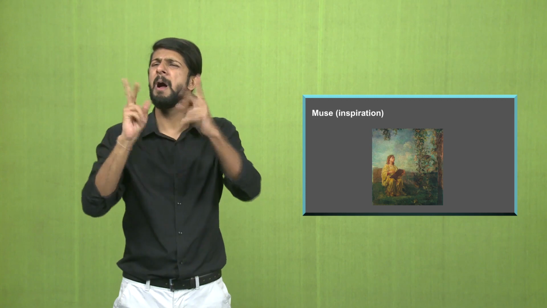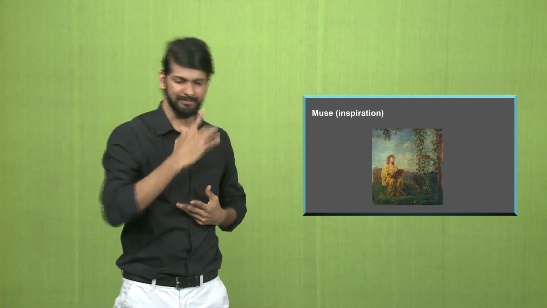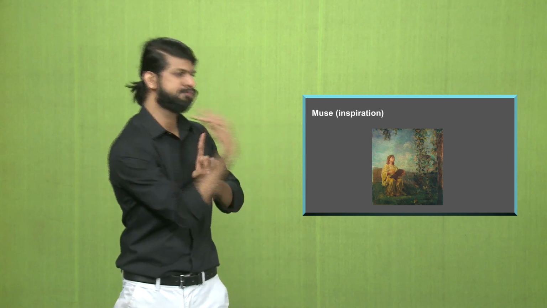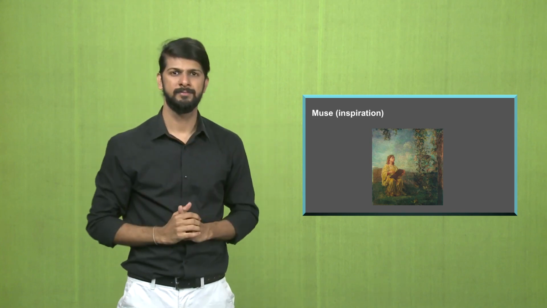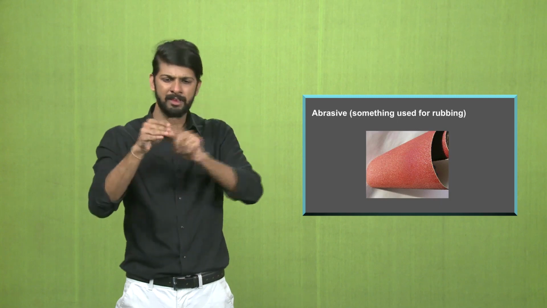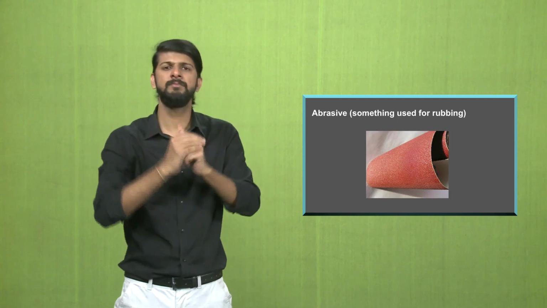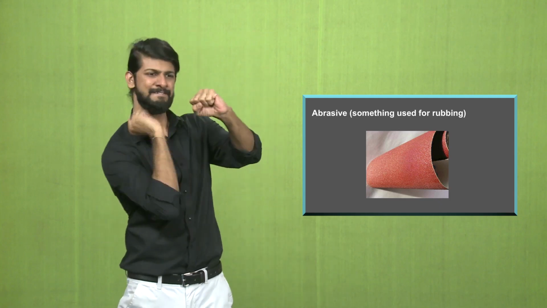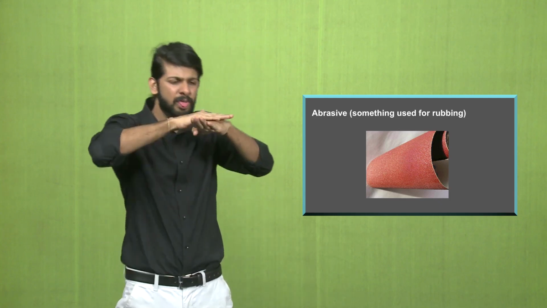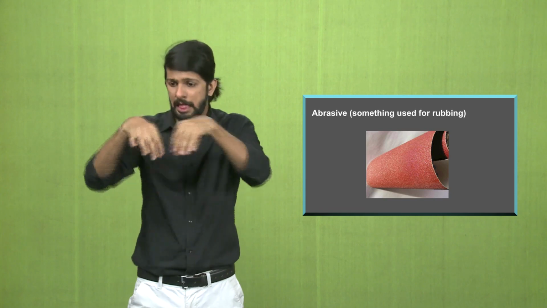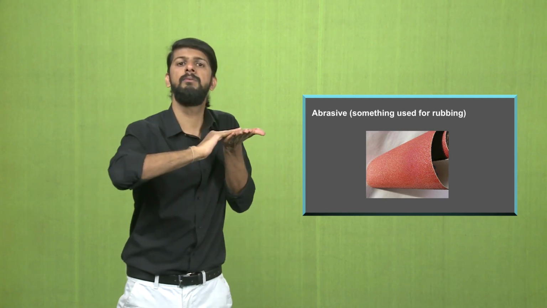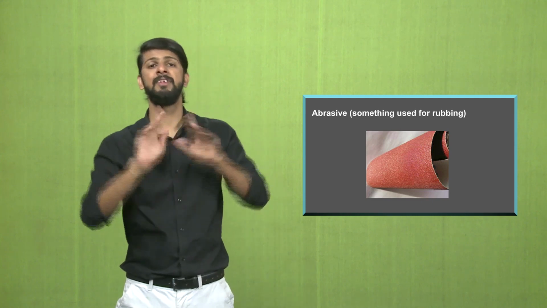The artist takes inspiration from the mood and the temperament of the muse. Abrasive is something which is used for rubbing. It is a rough kind of surface. So, for example, sandpaper, which is used to smoothen rough surfaces.